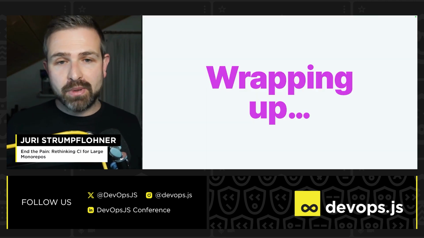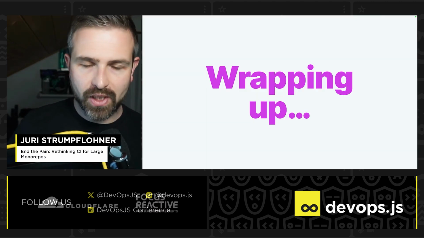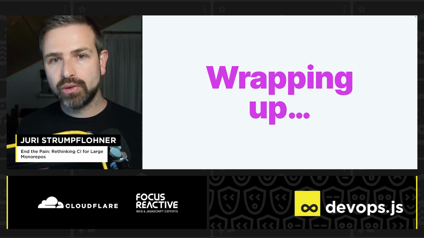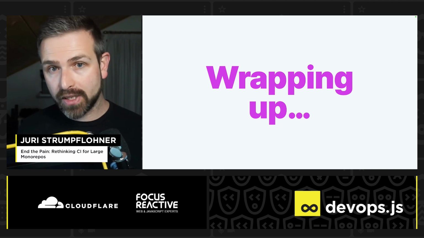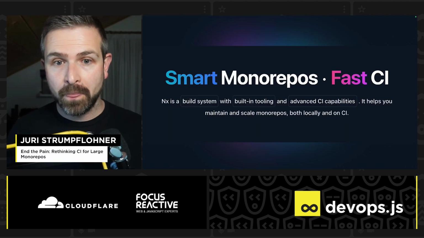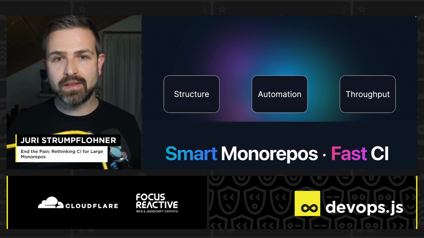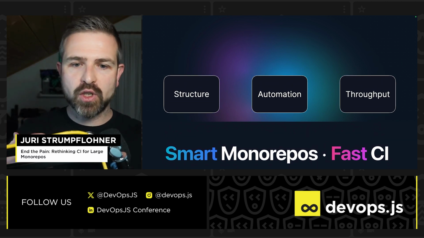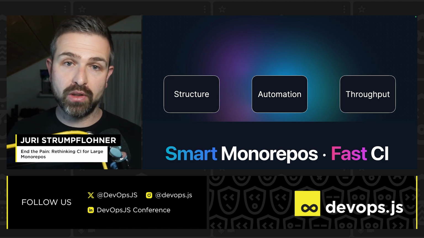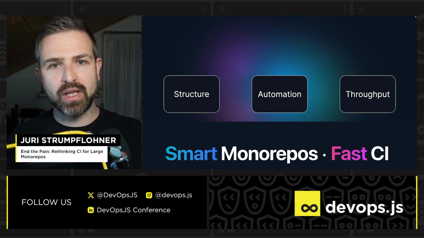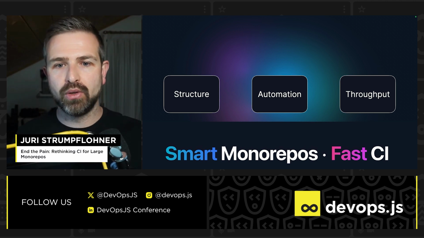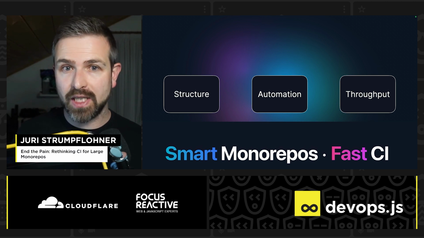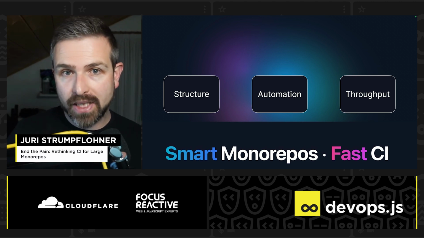So this has been just some of the things that I wanted to give you a glimpse into how we want to start rethinking how CI works, especially for monorepos. What we really try to do at NX is give you the end-to-end experience, right? So we have the smart monorepo side on the local developer experience where we come with tools that help you structure monorepos, facilities for allowing you to easily automate such monorepos.